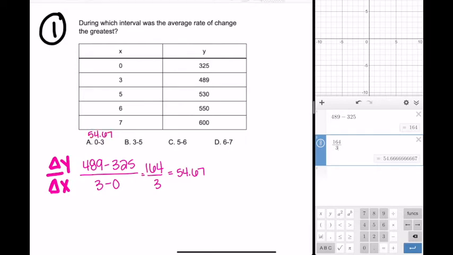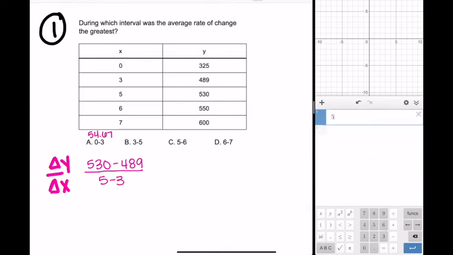Now for B, 3 to 5. So from 3 to 5, we want to find the rate of change. So we're looking at 530 minus 489 over 5 minus 3.